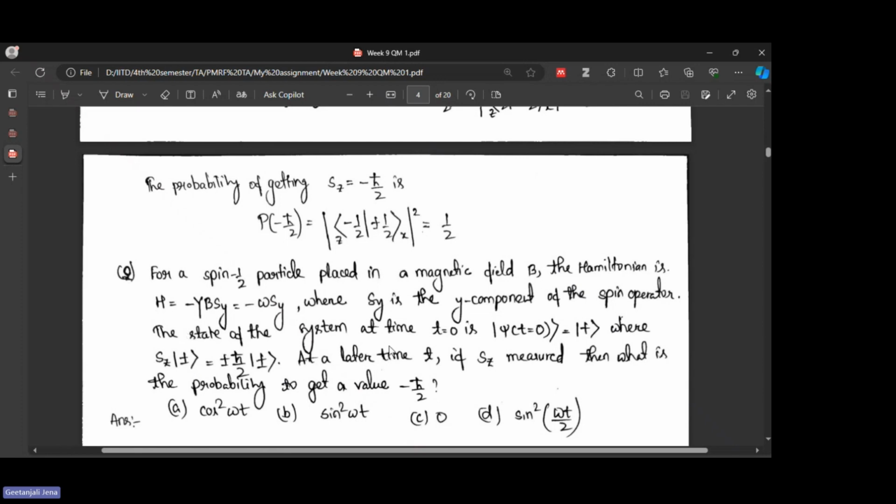Now it is telling that at a later time t, if Sz is measured, what is the probability to get the value minus h-bar by 2? So the Hamiltonian is given and the initial state is given, and it is asking about the probability of getting the eigenvalue minus h-bar by 2 when you measure the Sz operator.